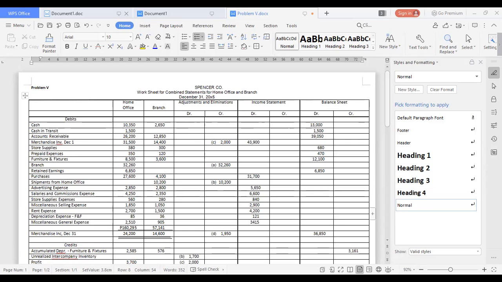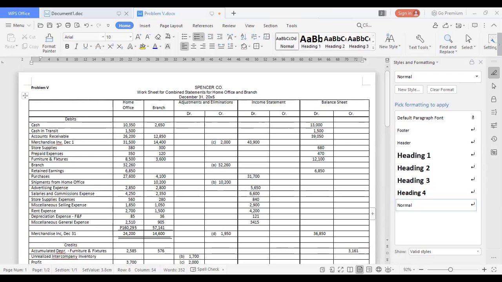Credit to rent expense for 1,500. Credit to depreciation expense of furniture and fixtures 36 and credit miscellaneous general expense for 905.